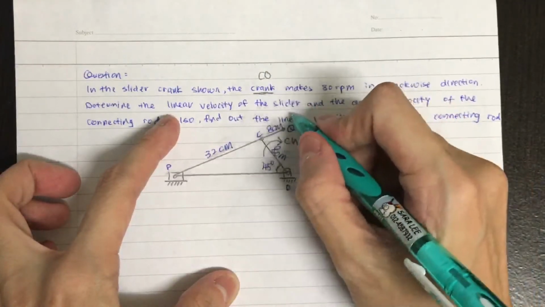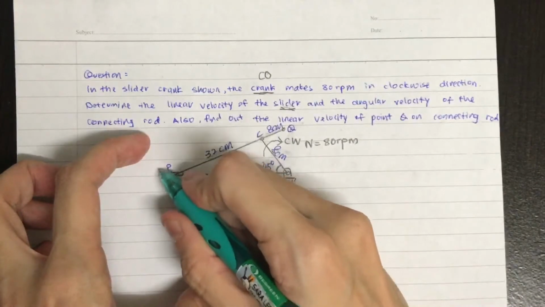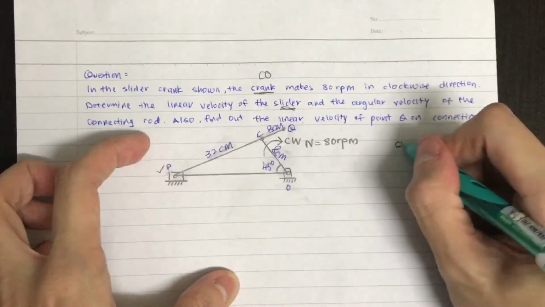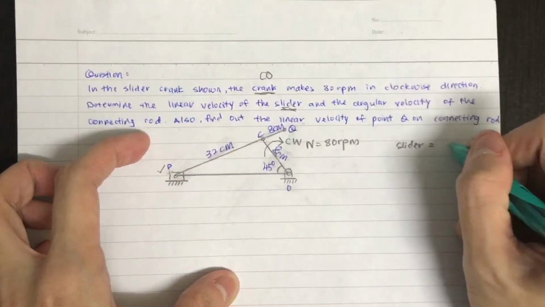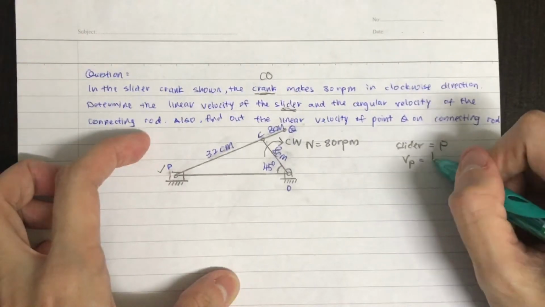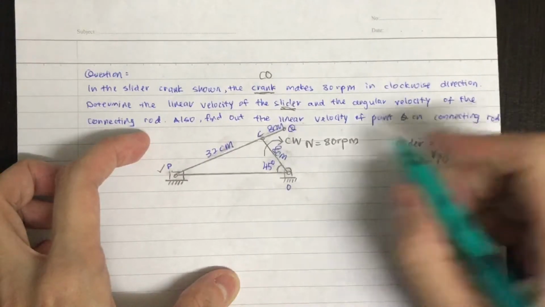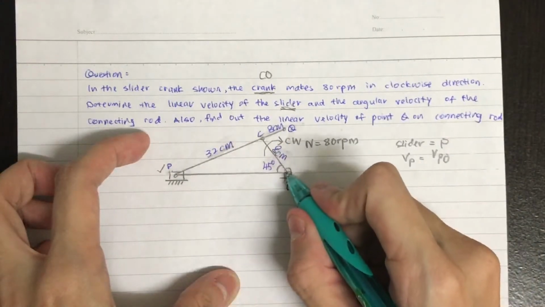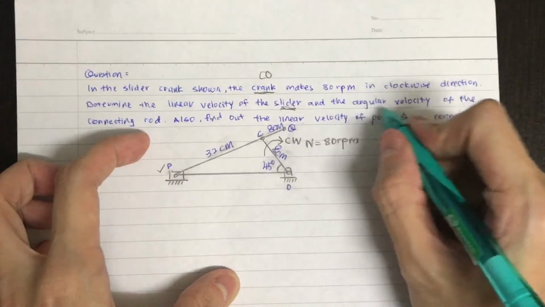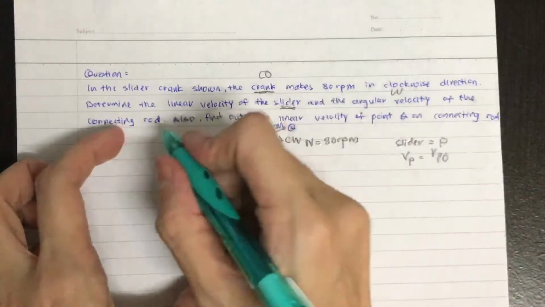Now it's slider. Slider means P here. And also the velocity of P is the velocity of PO, which represents the velocity of P relative to O, the origin. Next is the angular velocity, the omega of the connecting rod, which is the PC.